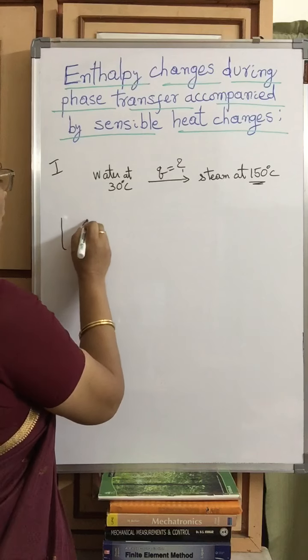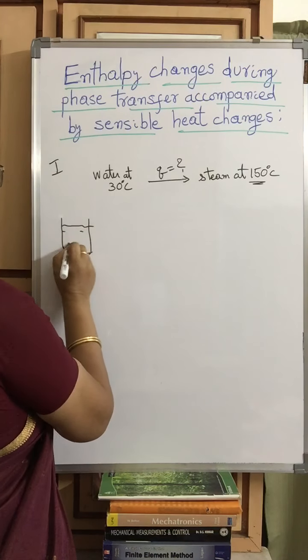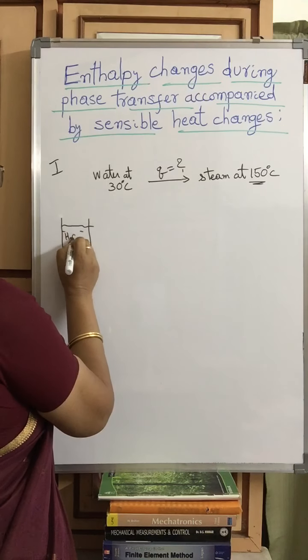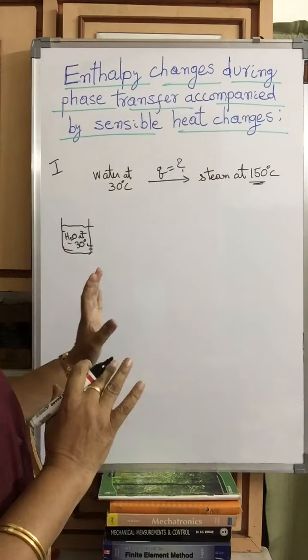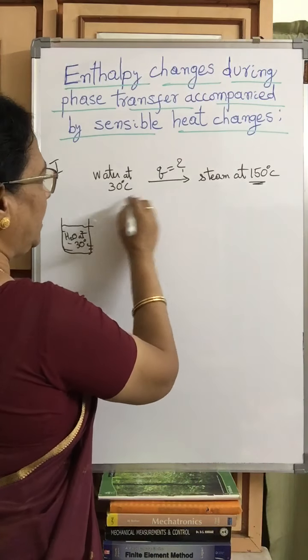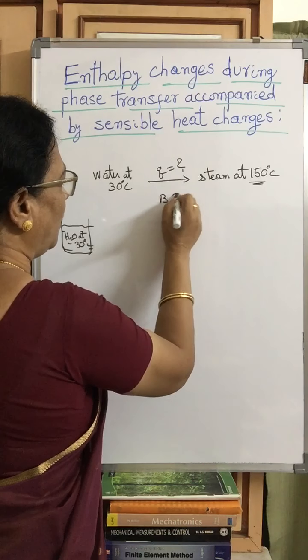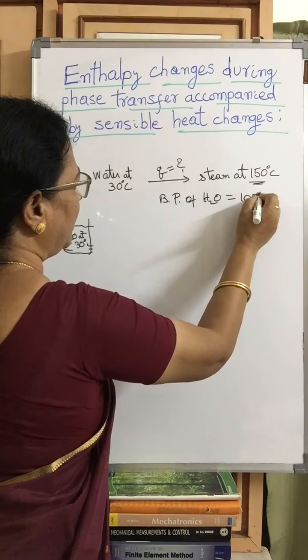First we have water at 30 degrees centigrade. Then this should be heated, and here you should know that the boiling point of water is equal to 100 degrees centigrade.